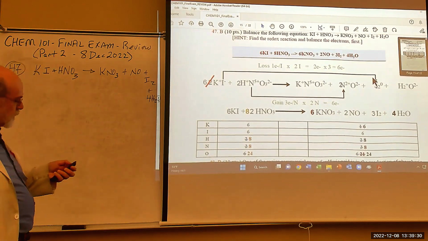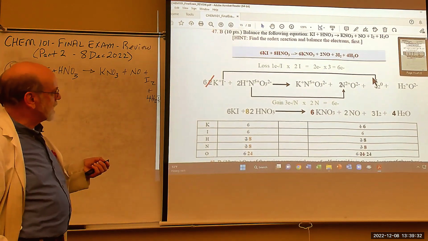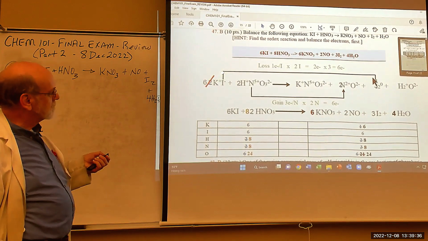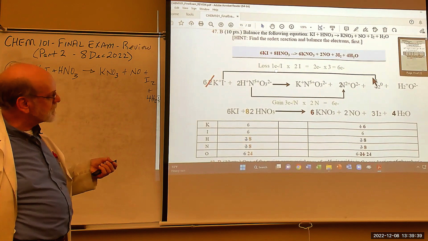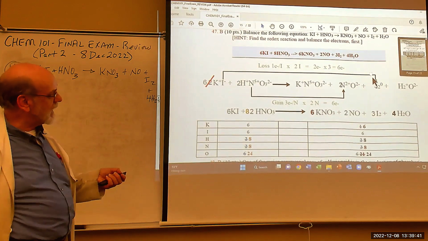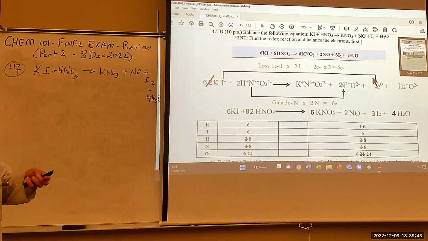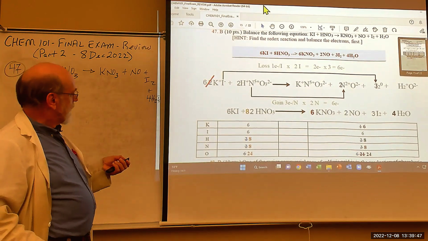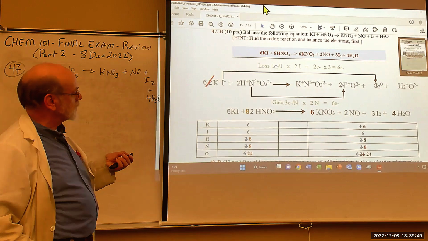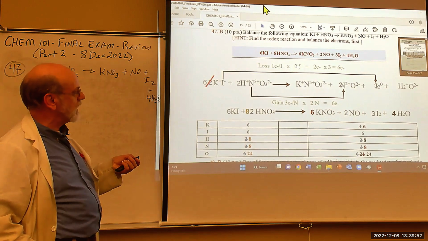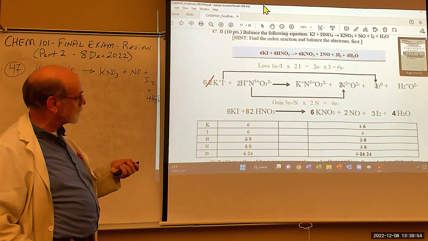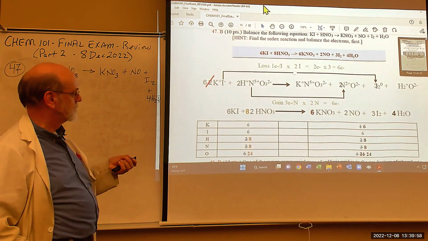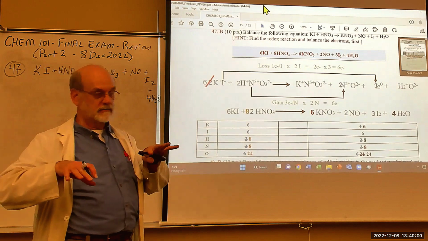So this is what the first step is doing. It's saying, all right, iodide is oxidized to iodine. And the transition there is a loss of 1 electron per iodine, but you have 2 iodines.